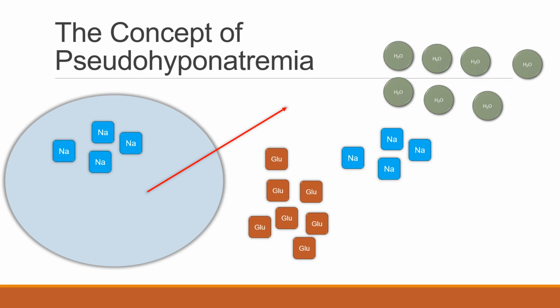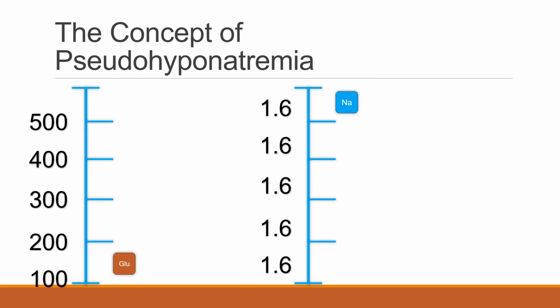So why is it important to know about pseudohyponatremia? Suppose the patient's blood glucose is 100 and the patient's sodium is somewhere here. As the blood glucose starts increasing by 100 milligram per deciliter, the measured sodium that we get in the reports is less. The actual sodium is this, but the measured sodium that we get in the reports is this.